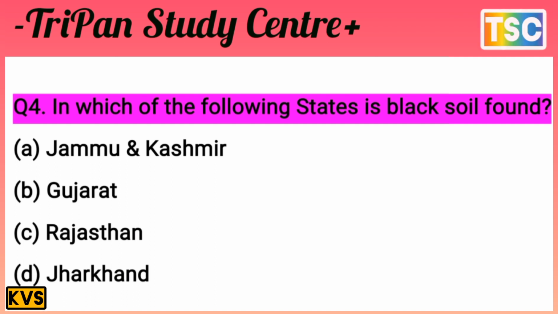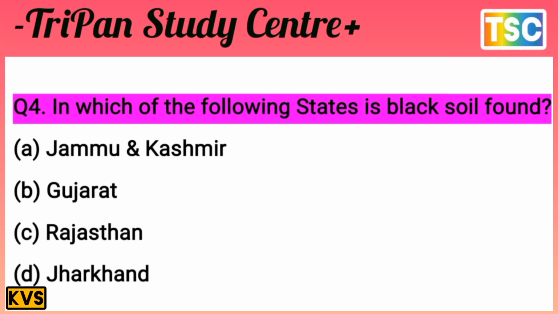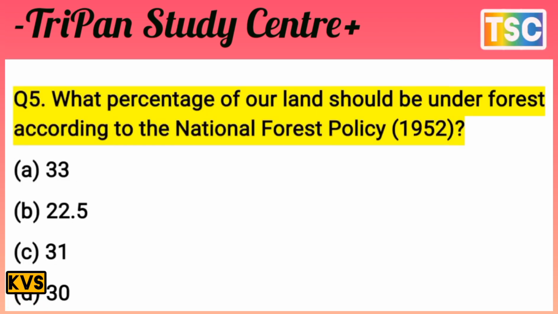But Gujarat is the most important black soil area, because although some part of Gujarat has Bhuj, most of the area has black soil. That's the answer to this question. Let's see the next question.